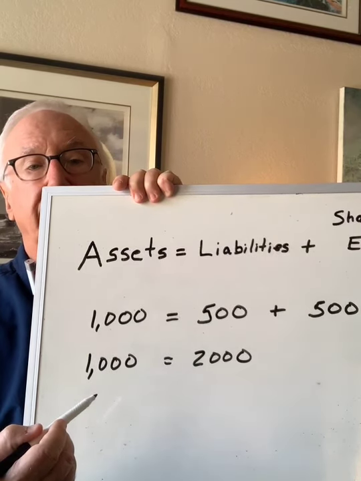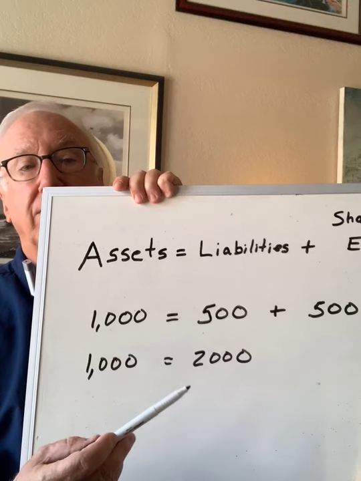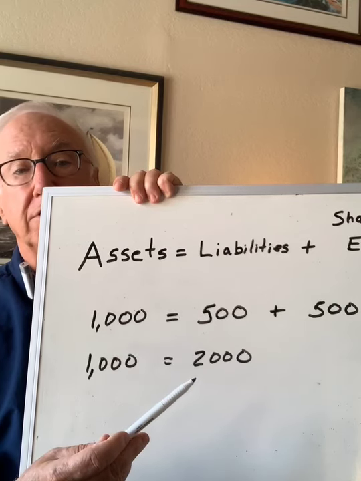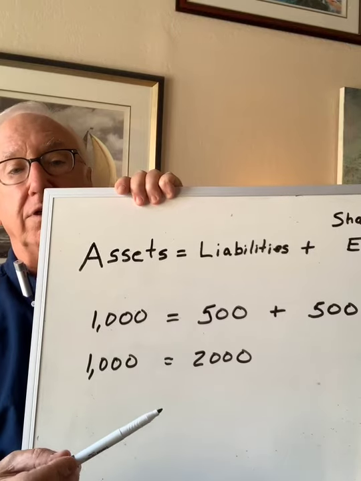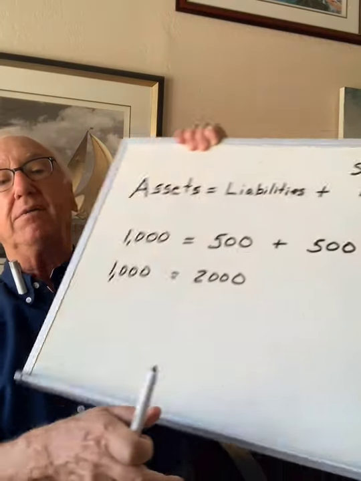So you've got $1,000 in assets, you've got $2,000 in liabilities. So your liabilities exceed your assets by $1,000. So how do we fix that? We go like this. Okay, we add minus $1,000. Okay?